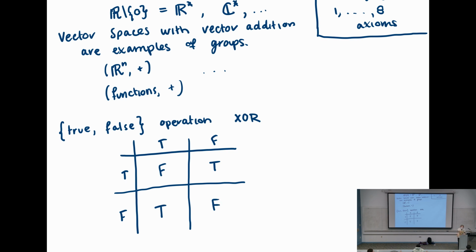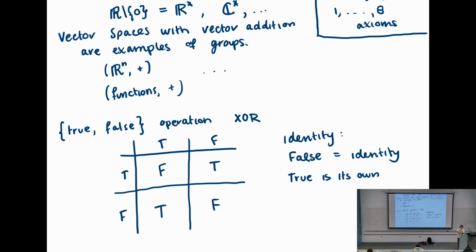Okay, so what is the identity in this group? Yeah, false is the identity. And then true is its own inverse, and false is its own inverse.